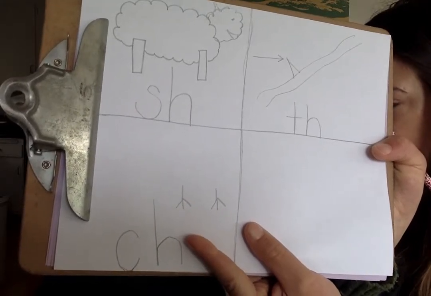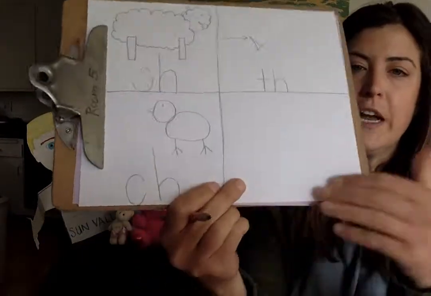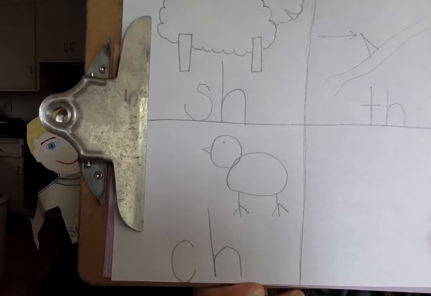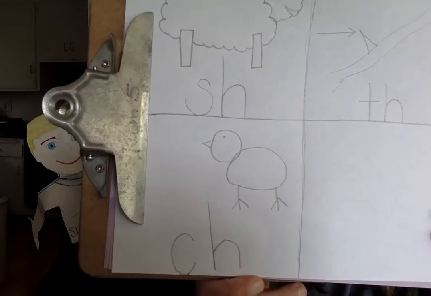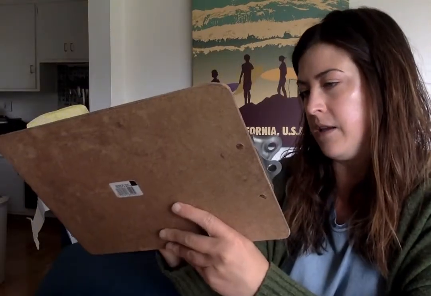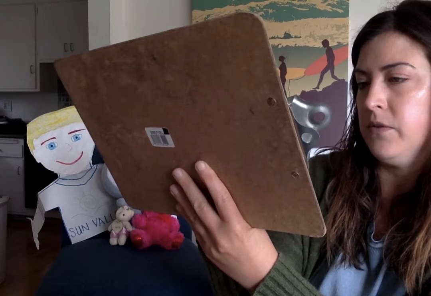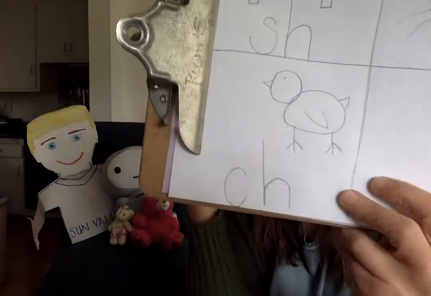You could draw a chin. You could draw a chip. But I wanted to draw a chick. And then I'm going to just do a circle body, a circle head, triangle nose. There's my chick. I think I'll also add a little tail. And it will probably look more like a chick when I color it in. Maybe a little wing. There we go.